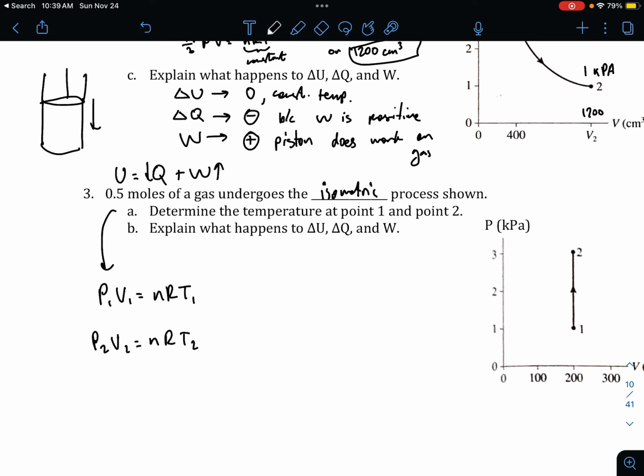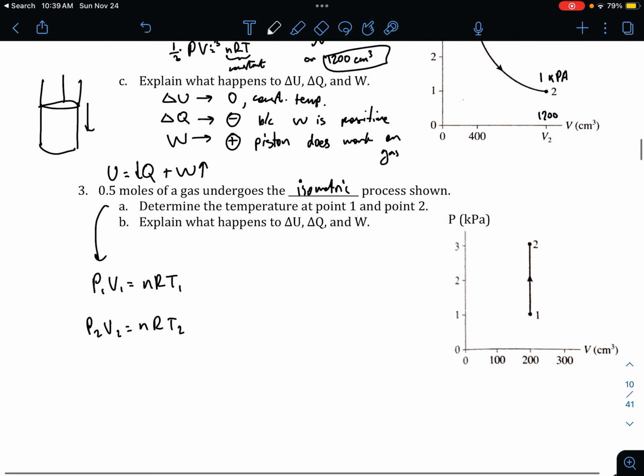I think this might not be infinite solutions. Because if your pressure got 3 times bigger, your temperature got 3 times bigger. So 3T1 is going to equal T2. But how would you go about solving that?